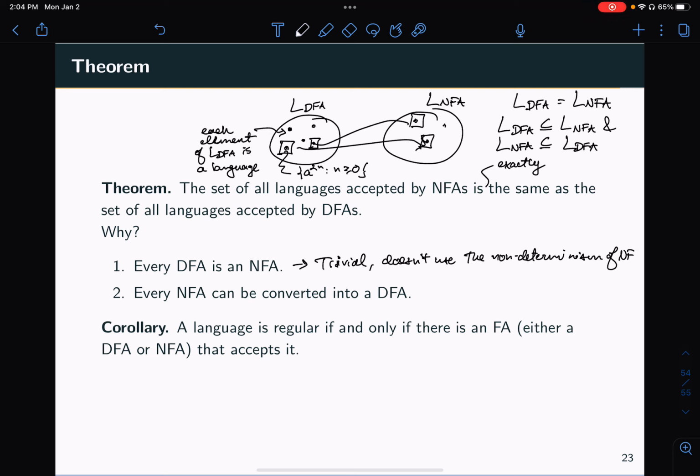of NFAs. Put another way, if I have a DFA, let's say M, represented by the 5-tuple, then it has a corresponding NFA N, where the tuple is almost exactly the same. It has the same set of states, the same initial state, the same set of final states, and of course the same alphabet.